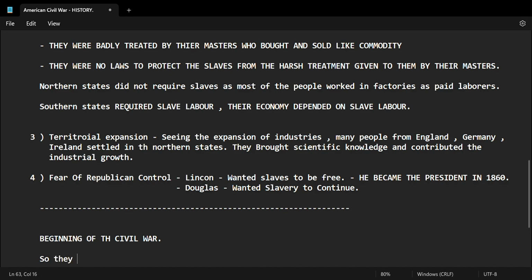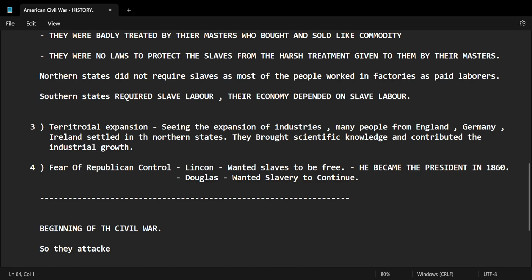Then the northern states, so this war started, and they attacked an island in South Carolina. This attack marked the beginning of the American Civil War.